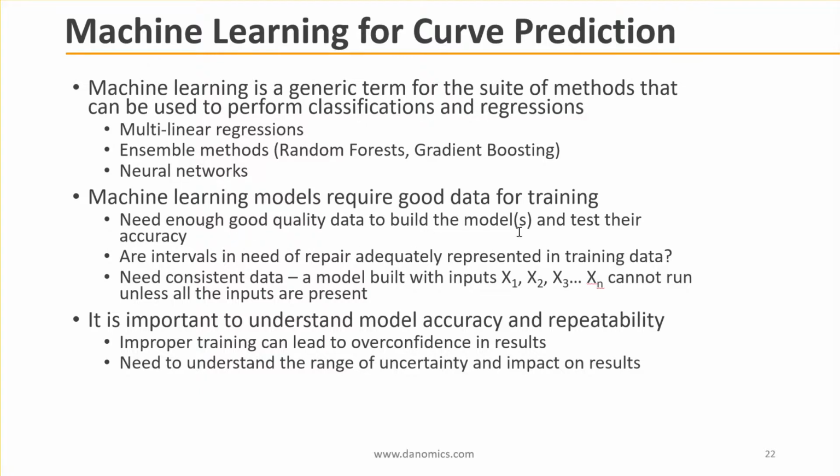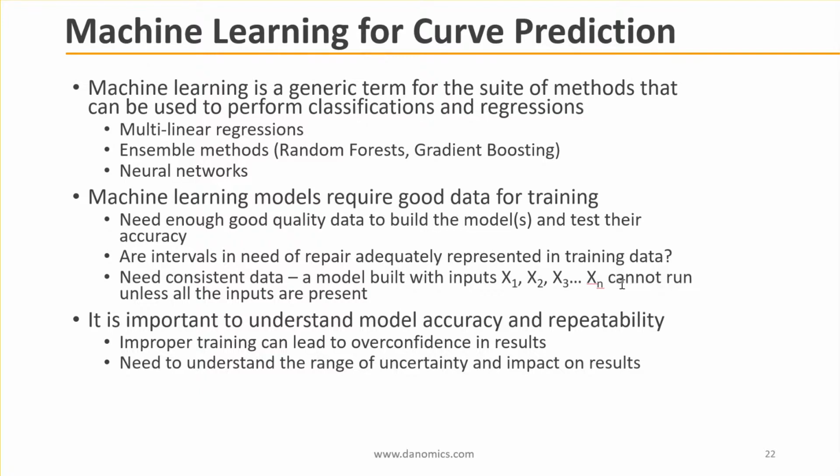Machine learning models require that you have some good data, and you need to understand what your capability is of handling disparate data. In Danomics, we build these models automatically based on the data that's available. However, that's not something that all companies do.